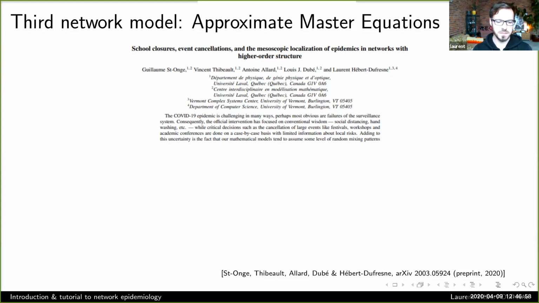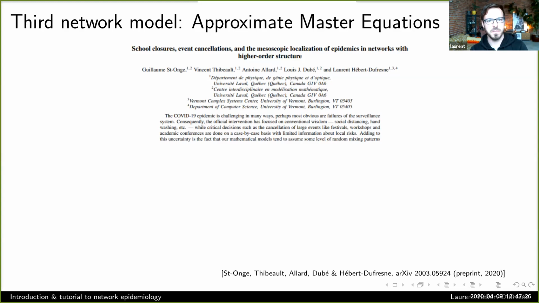Basically what we want to do is consider structures in a network, like events or schools, rock concerts, restaurants. And those things are not just pairwise interactions. They're cliques of highly connected individuals. So far, we've only looked at random networks where specifying pairwise interactions is enough to specify the network. And that's not good enough if you want to think about structural interventions that close schools or cancel events.